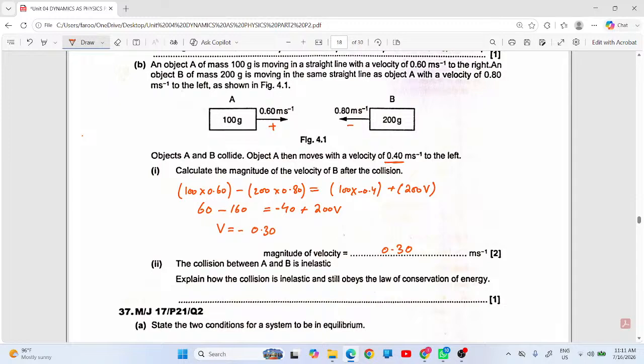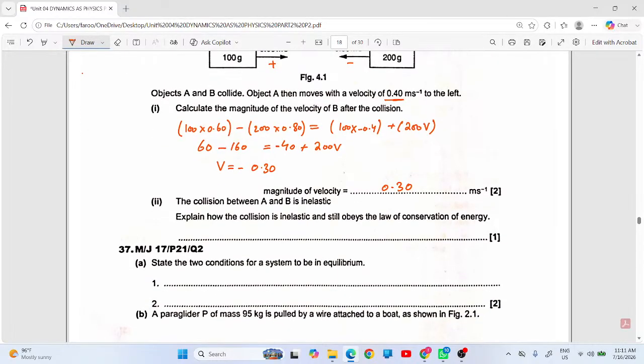Next: the collision between A and B is inelastic. Explain how the collision is inelastic and still obeys the law of conservation of energy. So why is the collision inelastic? Because the kinetic energy changes, because their velocities are changing.